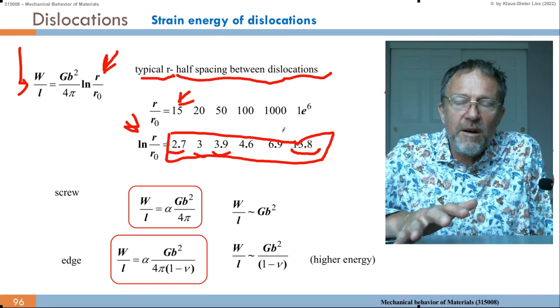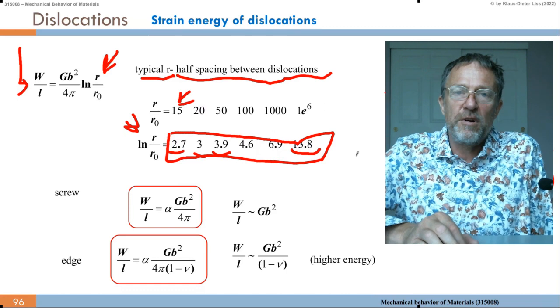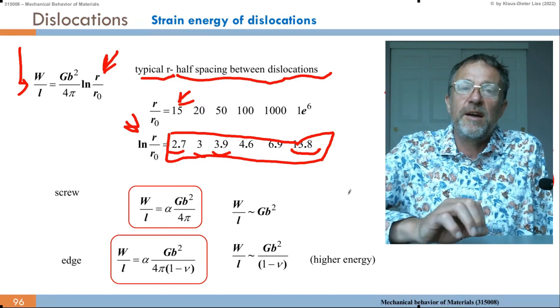So they're varying somehow just half an order of magnitude, because it's a logarithmic behavior.